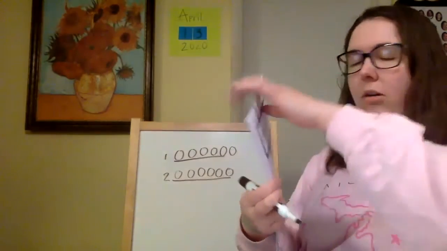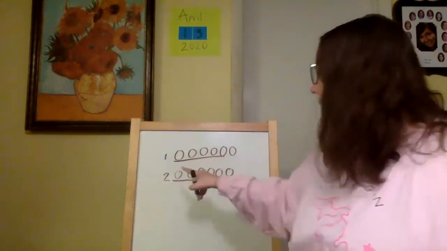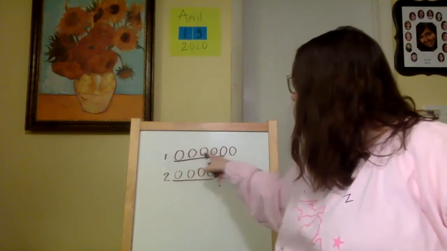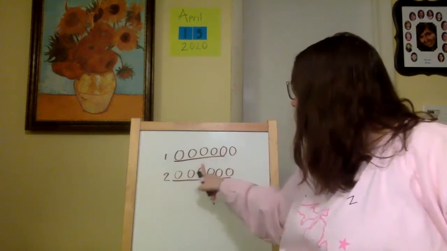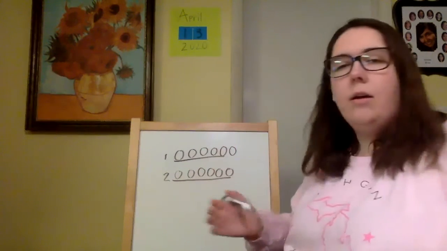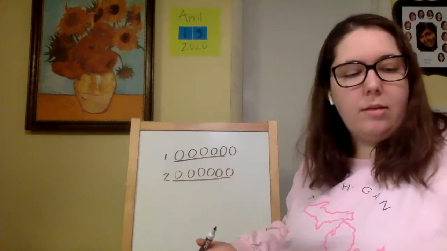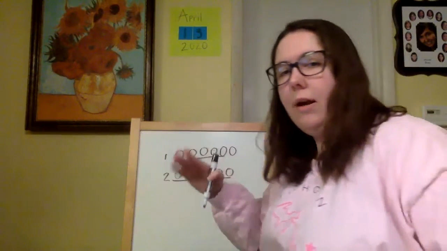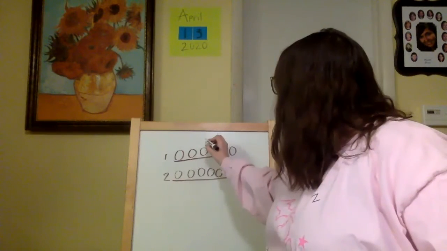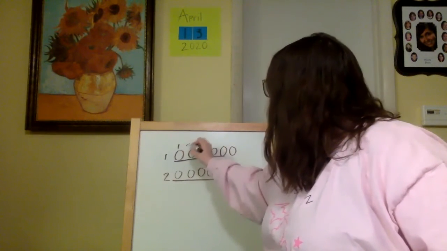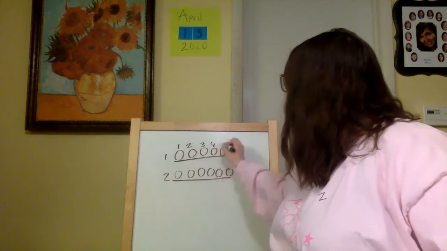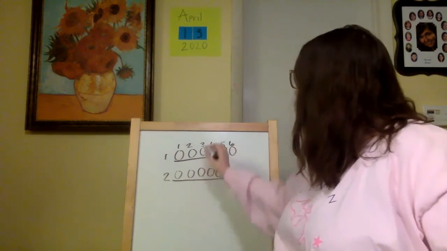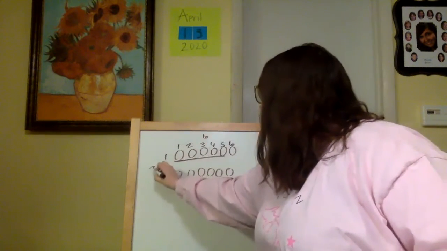So it says how many cookies? So I can either count them up, 1, 2, 3, 4, 5, 6, 7, 8, 9, 10, 11, 12. But these are arrays. So I am going to do the multiplication problem.